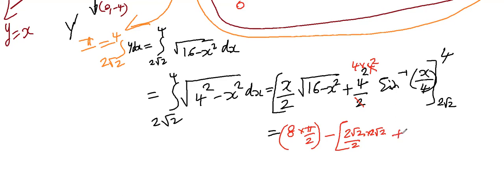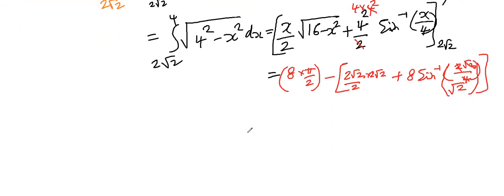Then plus 8, and sine inverse of 2 root 2 upon 4, which becomes sine inverse of 1 by root 2.